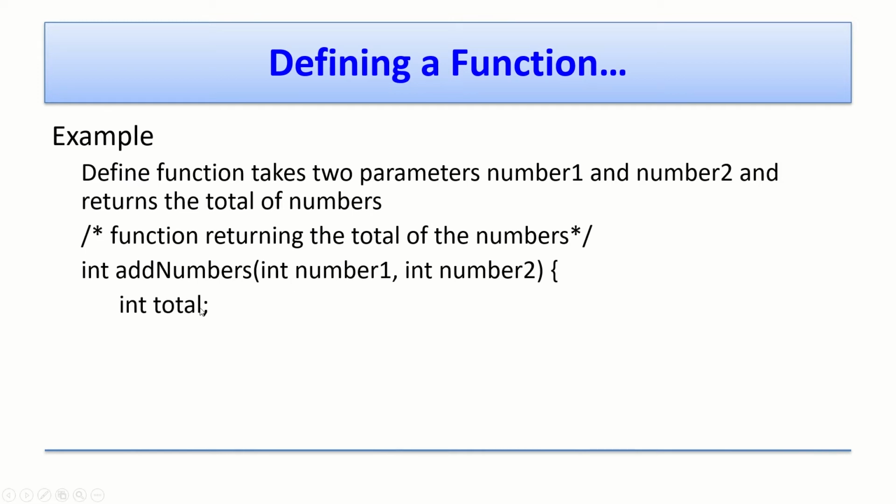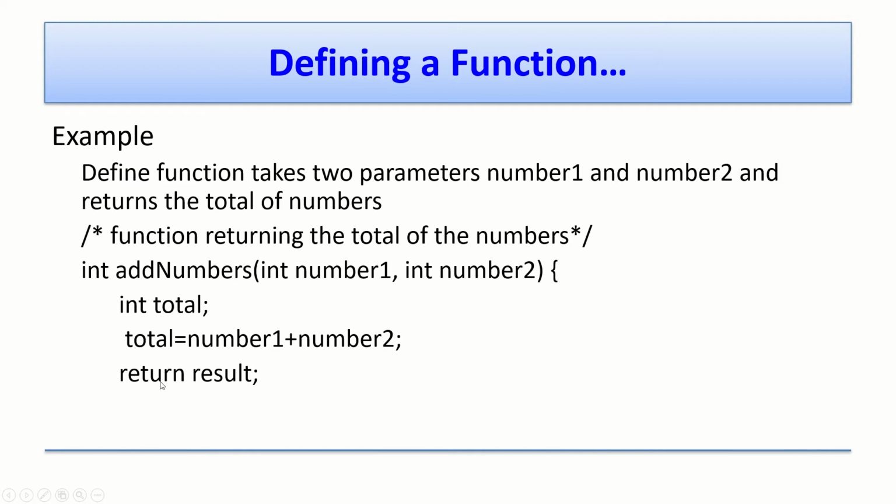Within the function implementation, first of all, I have to define the variable called total, because I am going to return the total, which is an integer data type. Then I implement the operation: number1 plus number2 assigned to the variable total.